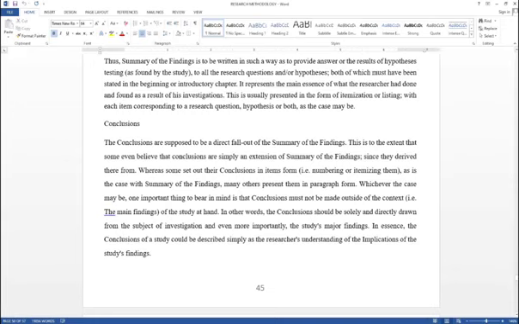Some set out their conclusions in item form, that is numbering or itemizing them, as is the case with the summary of the findings. Many others present them in paragraph form. Whichever the case may be, one important thing to bear in mind is that conclusions must not be made outside the context, that is, the main findings of the study at hand.